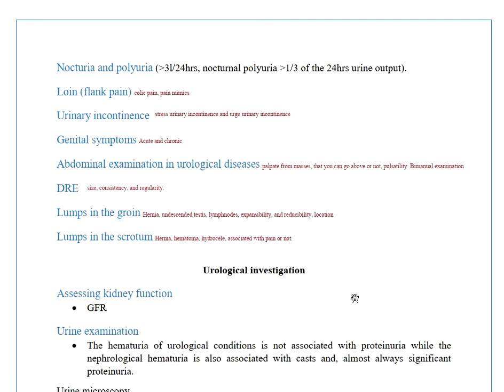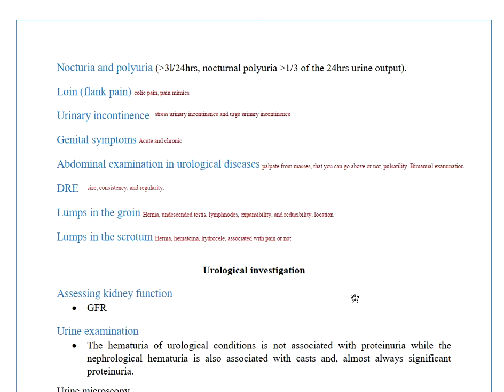The other symptoms that the patient will be coming with are what is known as nocturia and polyuria. Nocturia is defined as when someone is waking up to urinate more than 2 times during the night.